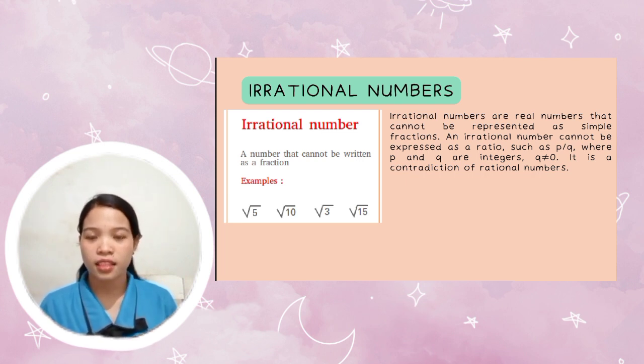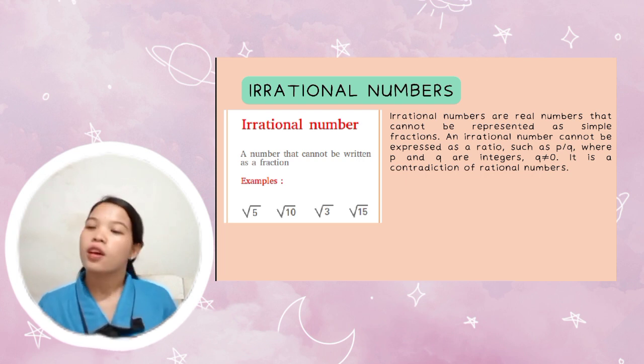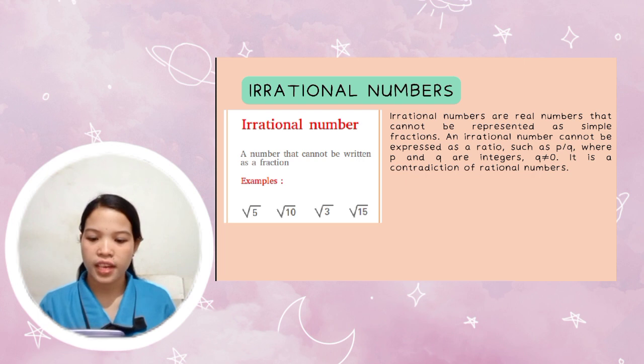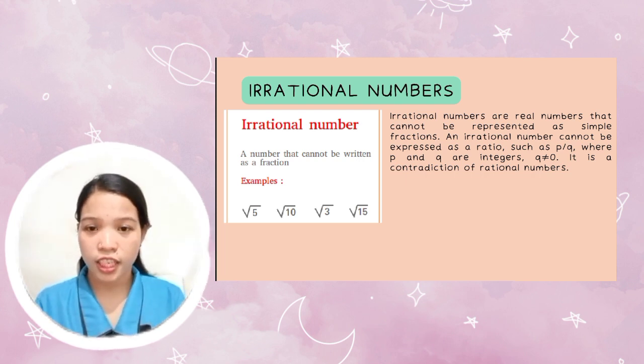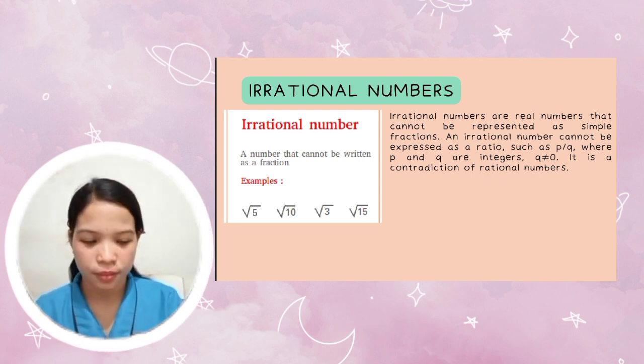If you input square root of 5 in your calculator, you will find the answer is 2.23, and the decimals continue without a repeating pattern. Pi is also considered an irrational number.